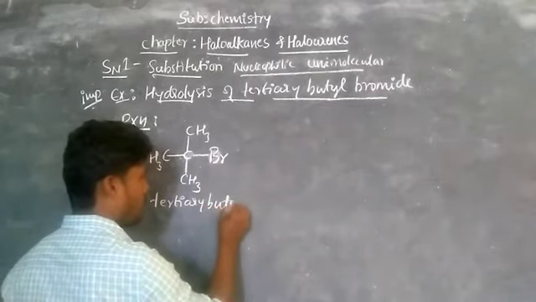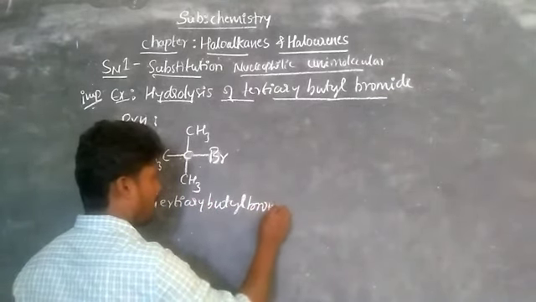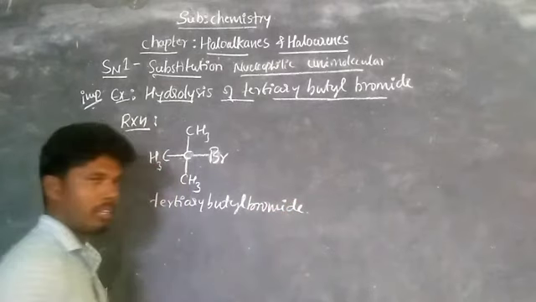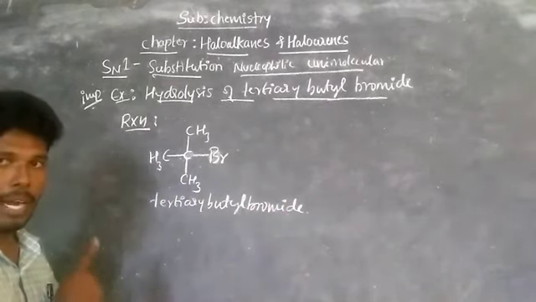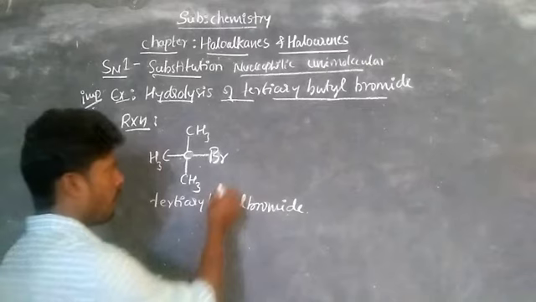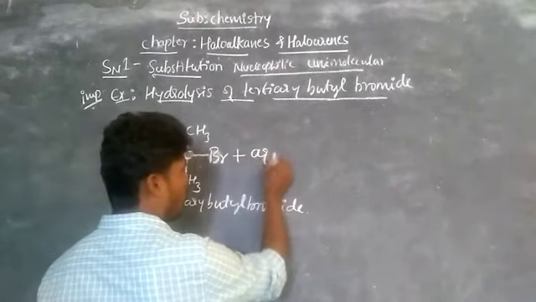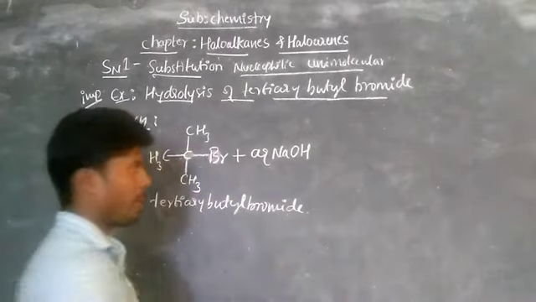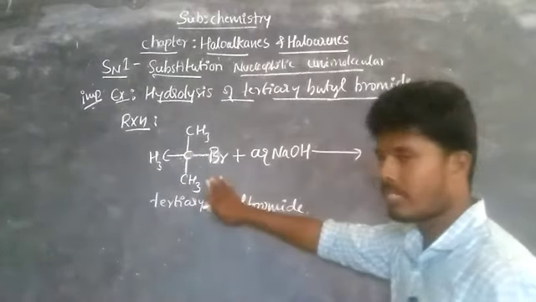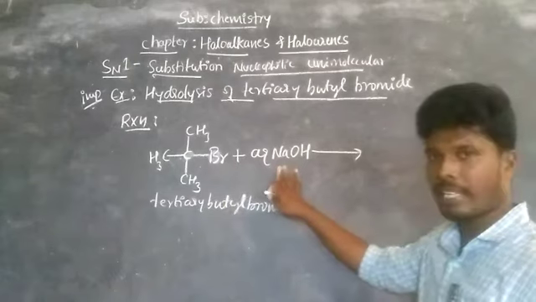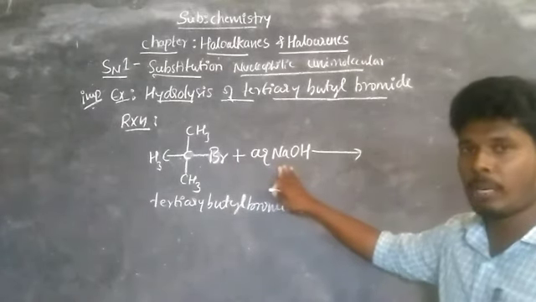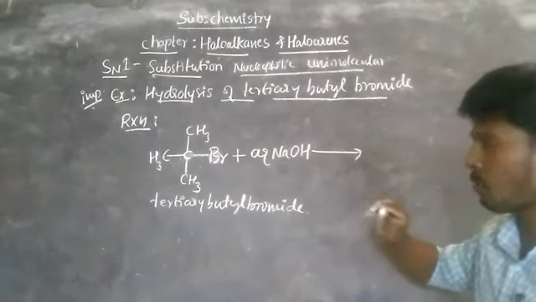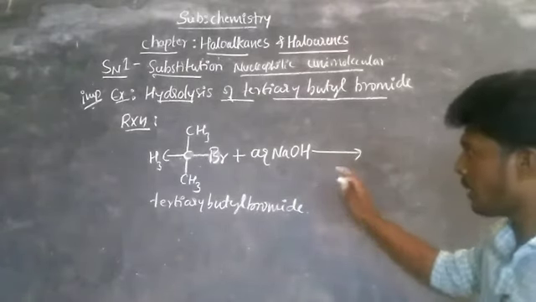Now you have to hydrolyze this tertiary butyl bromide with aqueous sodium hydroxide, aqueous NaOH. On hydrolysis with aqueous NaOH, you get tertiary butyl alcohol. This is one of the nucleophilic reactions.